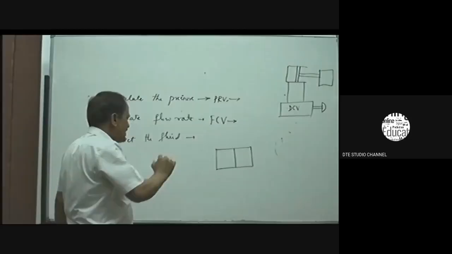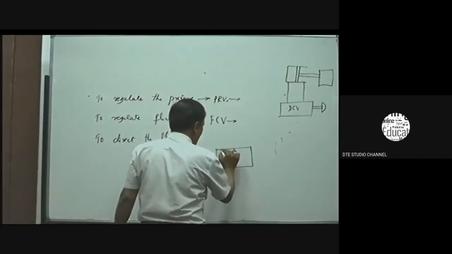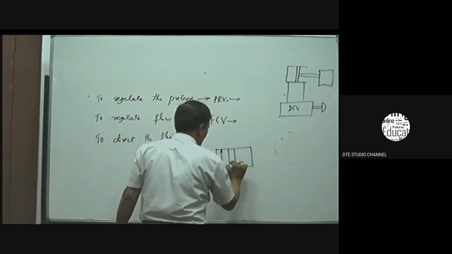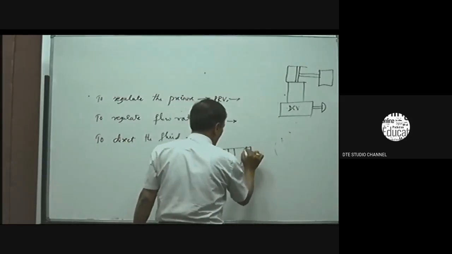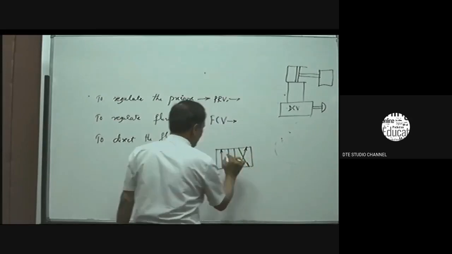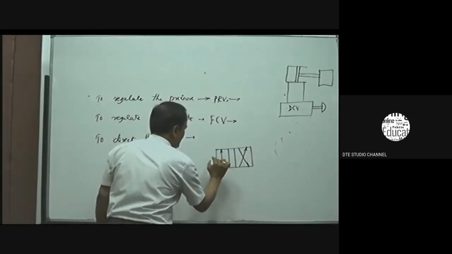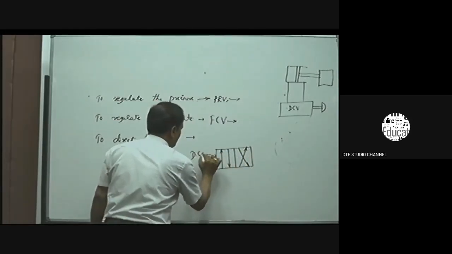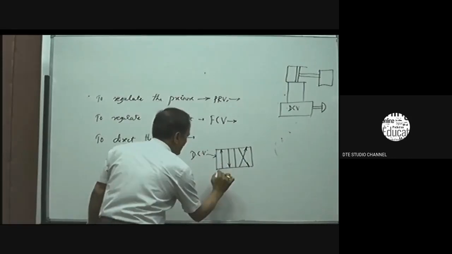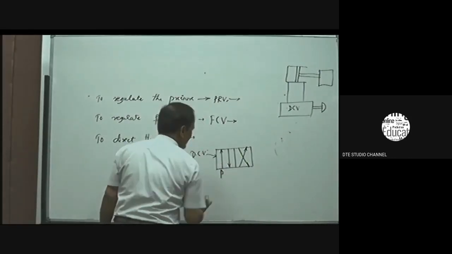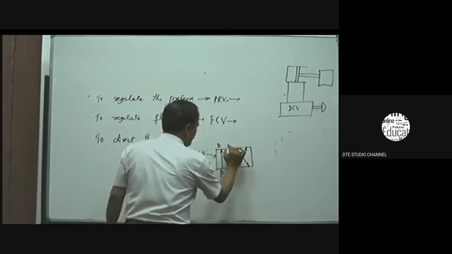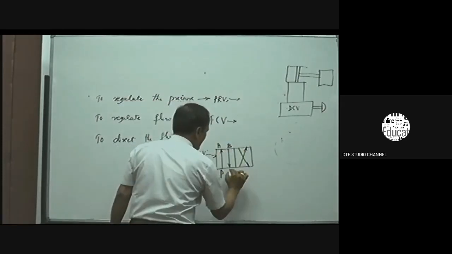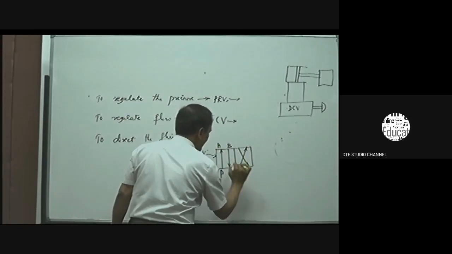Symbolic representation of the DC valve, in the first position. Pump port is connected to port A, and B communicates with the tank port.